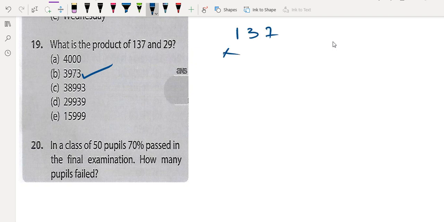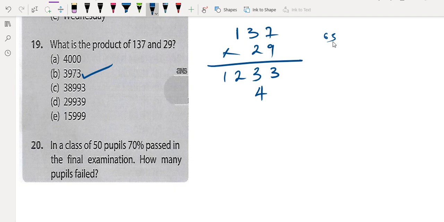Okay, let's solve together. 137 times 29. 9 times 7, 63. Write down 3, hold 6. 9 times 3, 27. 27 plus 3 plus 6, 33. Write down 3, hold 3. 9 times 1 gives us 9, plus that 3, 12. Now 2 times 7, 14.